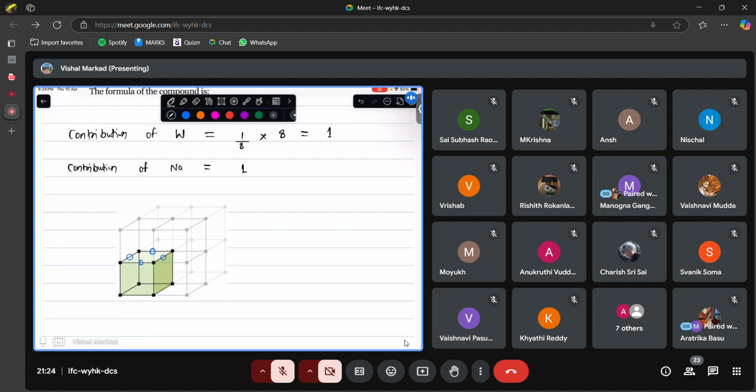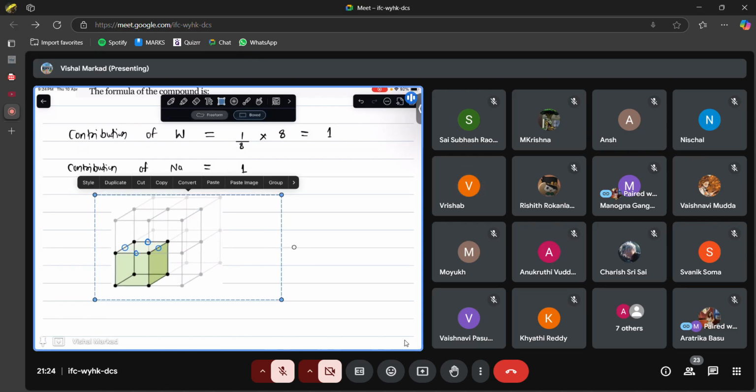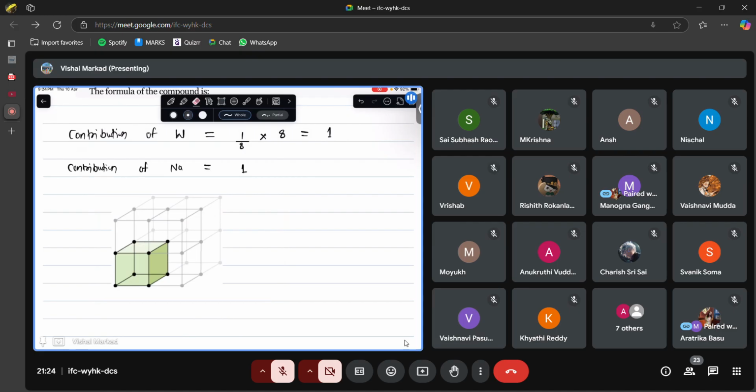Can you tell me what the contribution from the edge will be? 1 by 4. You see here, one line is part of how many cubes? Consider this line is part of how many cubes? 4.